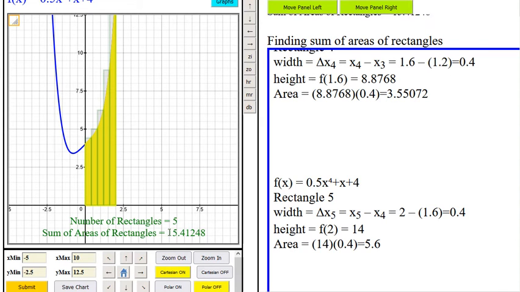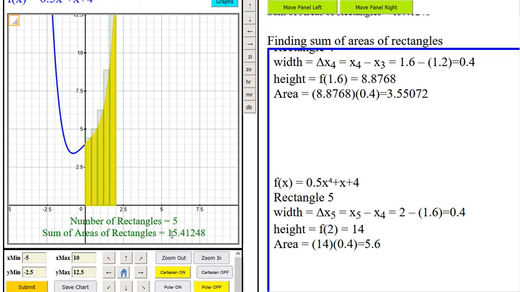And so this number, 15.41, will be much higher than the area of the shaded region. But as we add more rectangles, we will get a better approximation.